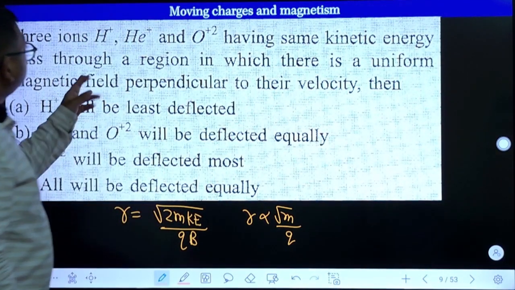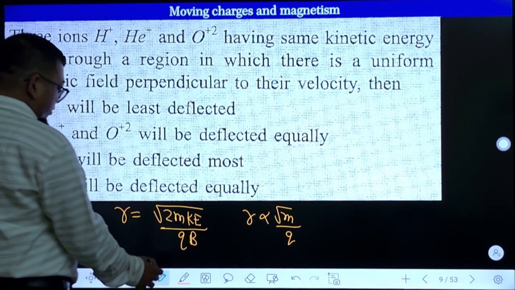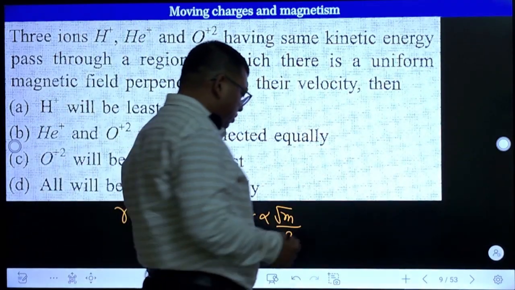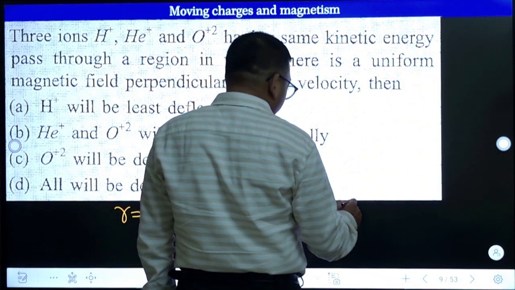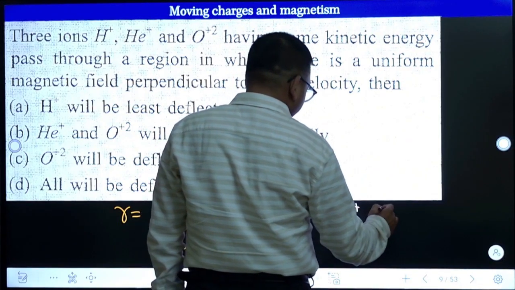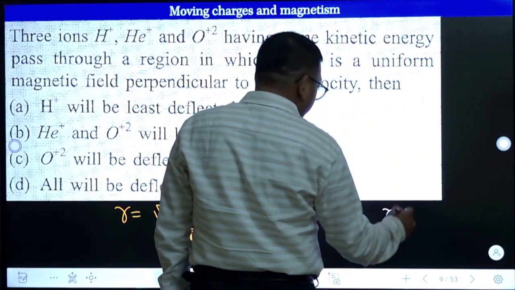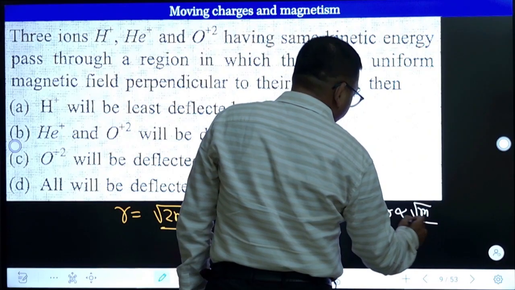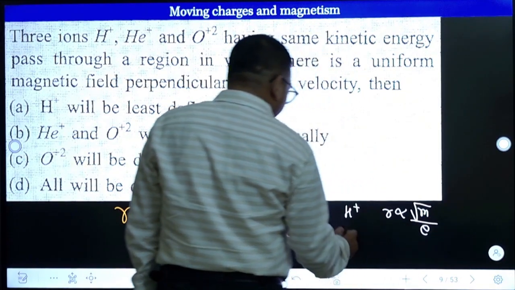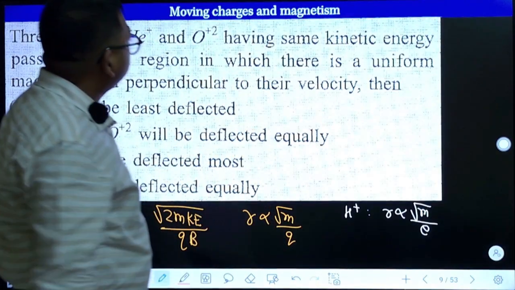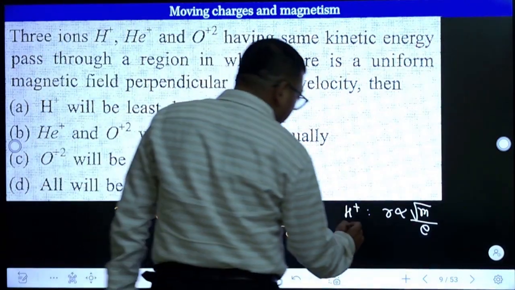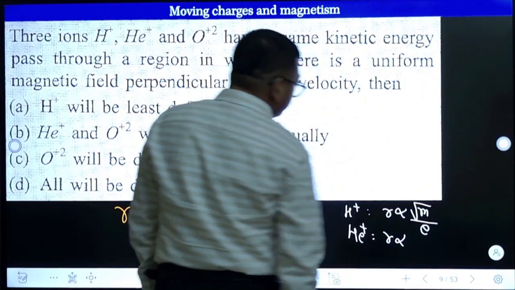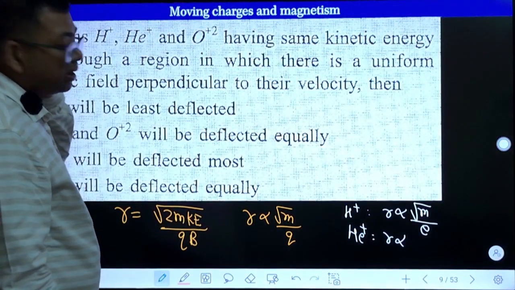Let us take for example H plus. Hydrogen plus means it has lost its electron, so it is like a proton. So first case, proton, H plus. In H plus, radius is proportional to root of mass by charge. Let us write the mass of proton as m and the charge as e. Then what about helium plus? Helium plus radius is proportional to the mass of helium.